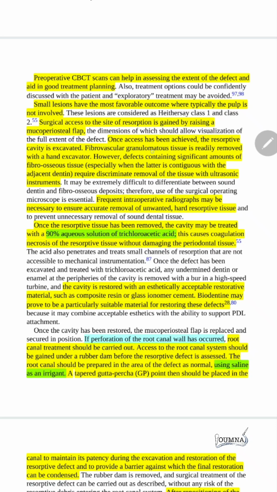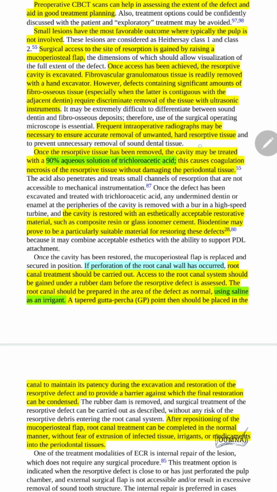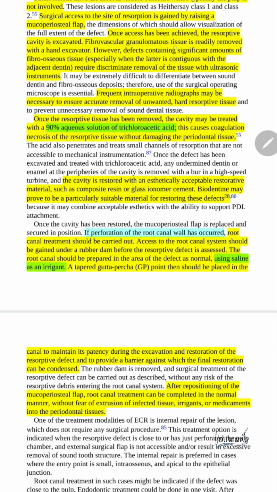Once we access the lesion, we start removing the granulation tissue by using a hand excavator, or when we have an osseous tissue, we can use ultrasonic instruments to remove this tissue, and we take a radiograph to make sure that we have removed enough and in the right position.